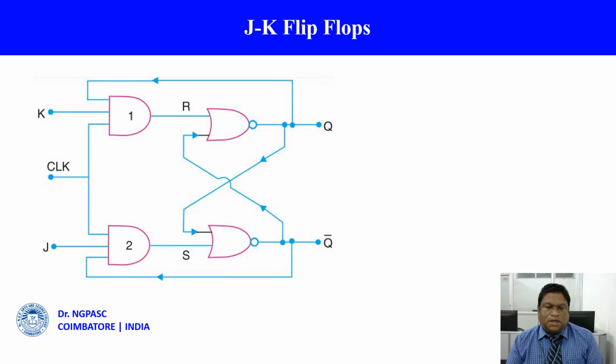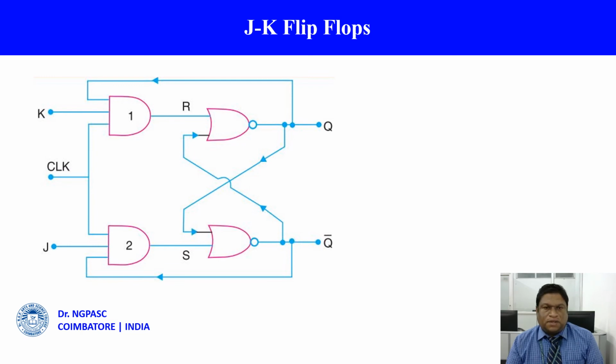So this is the logic circuit for the JK flip-flop. Here you can see there is a 3 input AND gate, where the K input is given to the first AND gate, the clock input is the next input, and there is a feedback circuit from Q to the first AND gate.